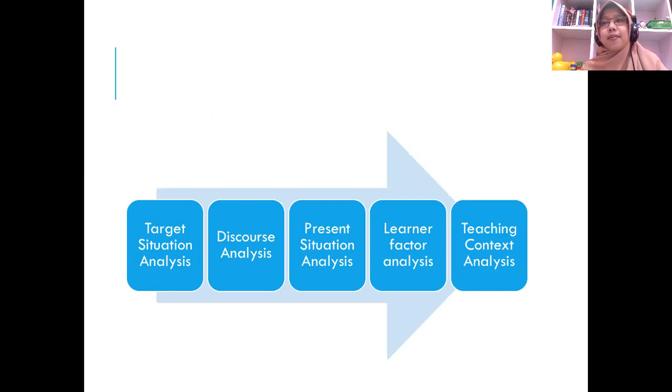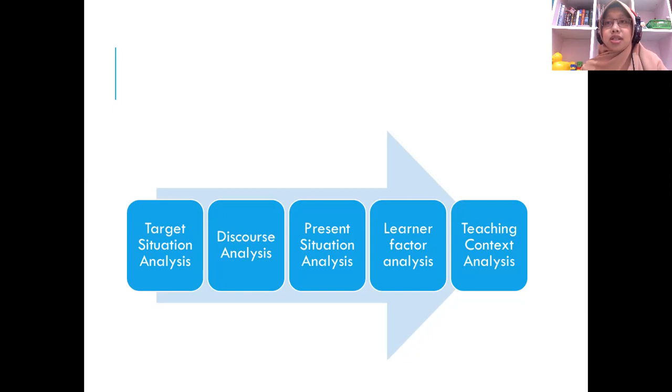For instance, for tourism students, maybe one student enrolled in the tourism department or study program, and we need to see the target situations. For instance, the target situation for tourism, maybe hotels or airport. So that's an example of target situations.